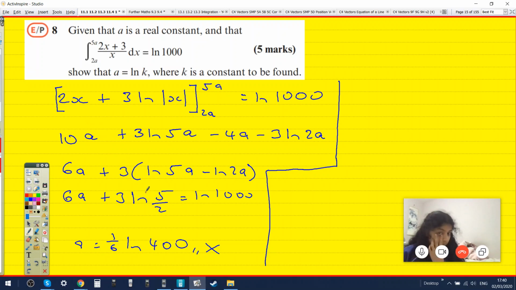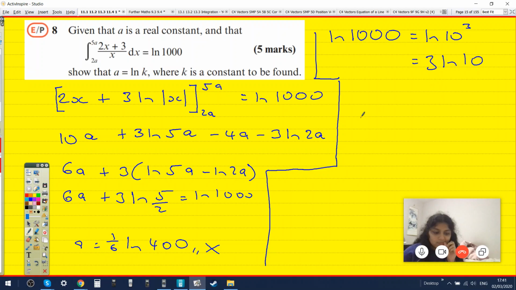Some exact way. No. You would subtract that from both sides. And so you would get... Oh, I have an idea. Ln 1000 has 3 zeros. That is equal to ln 10 to the 3. That is equal to 3 ln 10. And so you get 6a is equal to 3 ln 10 minus 3 ln 5 over 2.